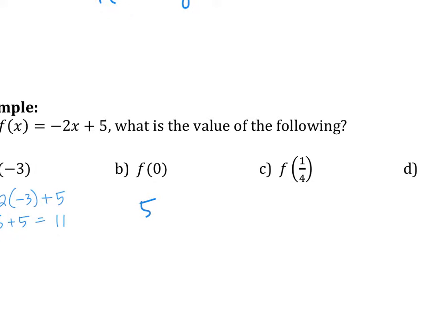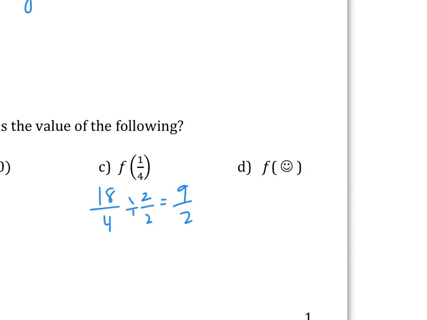Okay, Jackson, C. Did you get a number? 18 over 4. Can you reduce it? Yeah, so what you want to do is just divide by 2 over 2. So that's 9 over 2. All right.